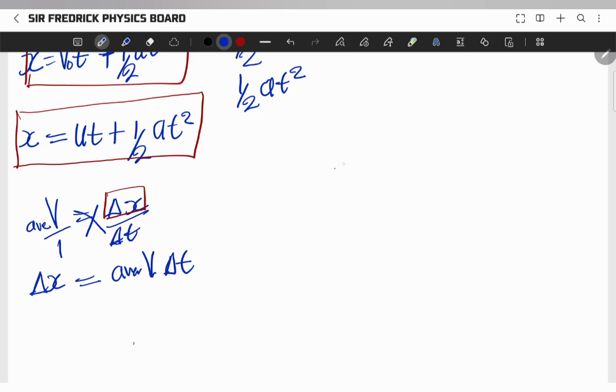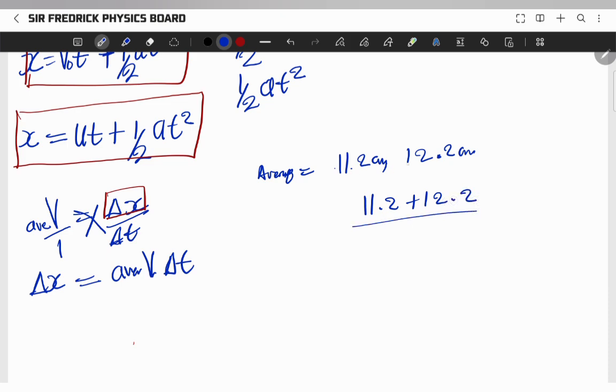The first one is 11.2 and the second one is 12.2 centimeters, and you want to find the average of this. You add the two things: 11.2 plus 12.2, over 2, because they are 2. That's how you find the average.